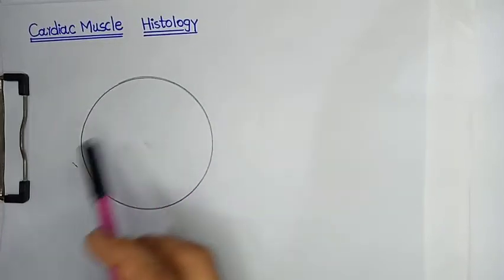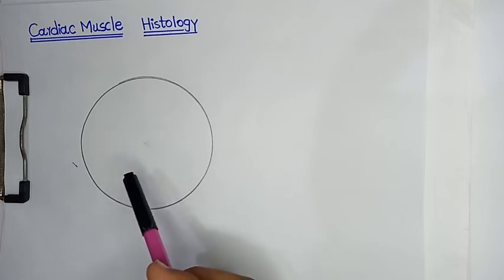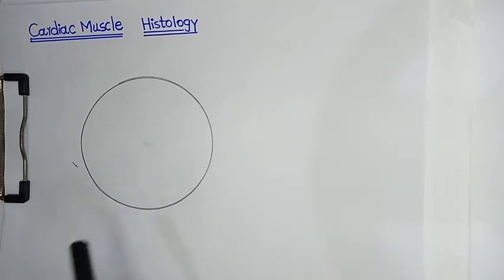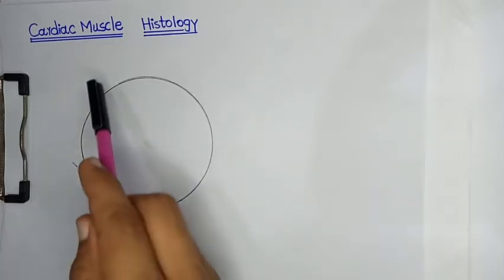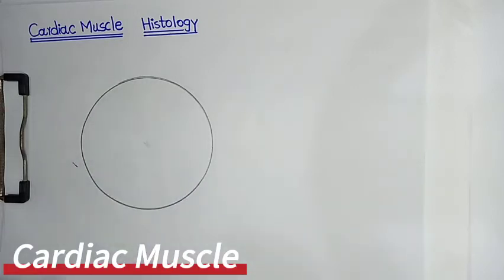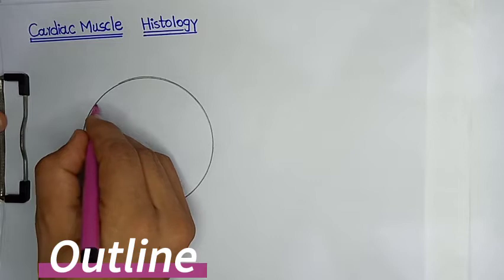Now to make the use of diagram more clear, anatomy also includes histology. So we make the idea more clear by drawing the cardiac muscle histology diagram. The diagram must be inside the boundary. The boundary must be small and circular.